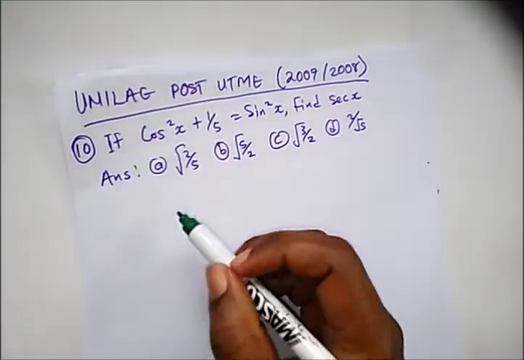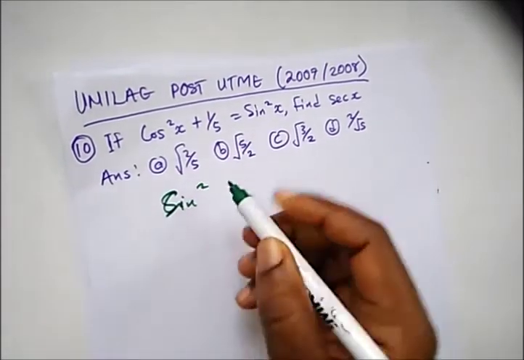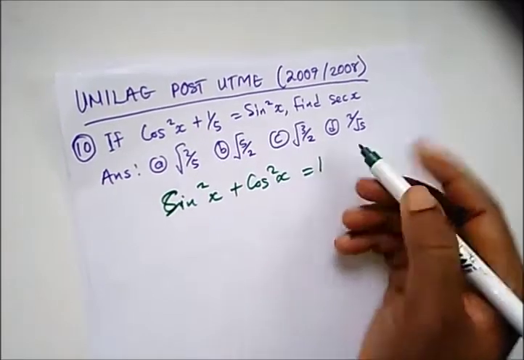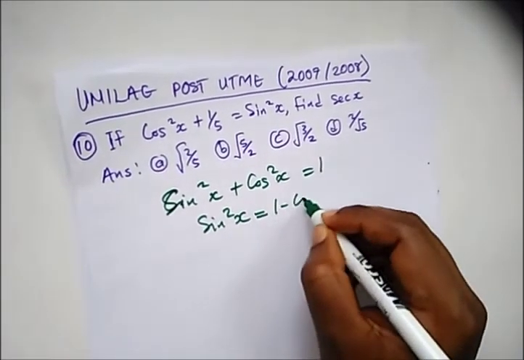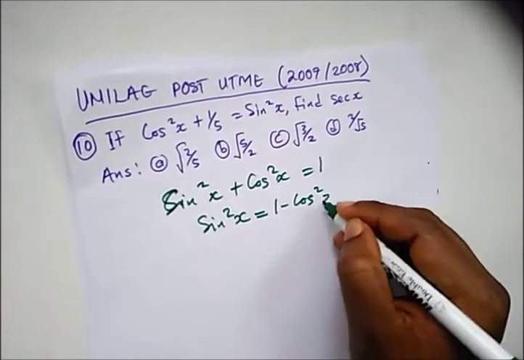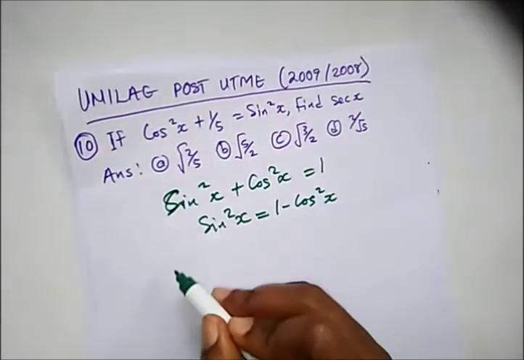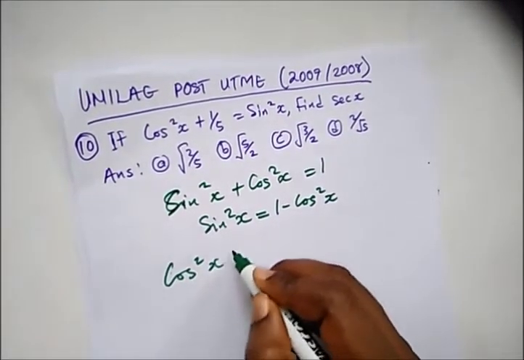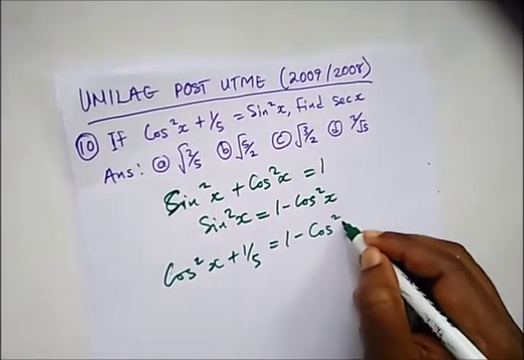So here, we must remember this formula, which says sine square x plus cos square x is equal to 1, where sine square x is equal to 1 minus cos square x. So you put this value into this equation. So we have cos square x plus 1 over 5 equal to 1 minus cos square x.